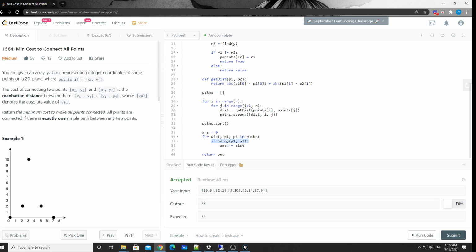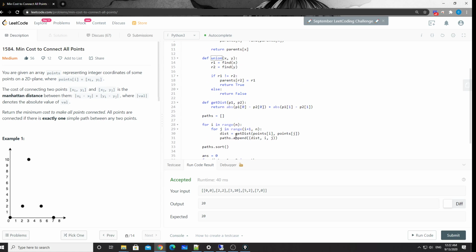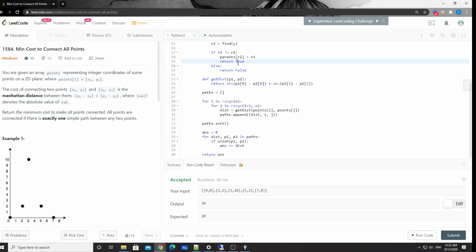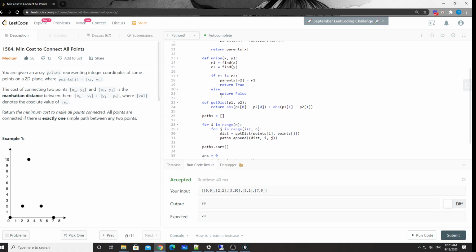Whenever a union really happens, we add the distance to the answer. Otherwise, we know those two points had already been unioned before, so there's no point in connecting them again.